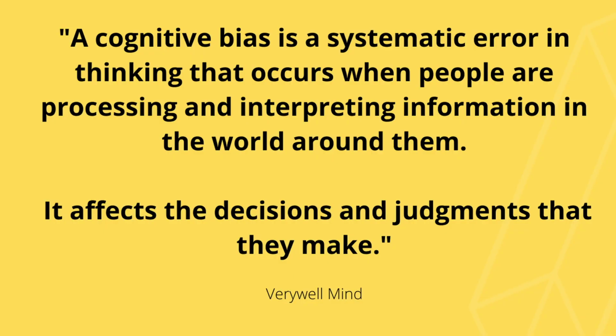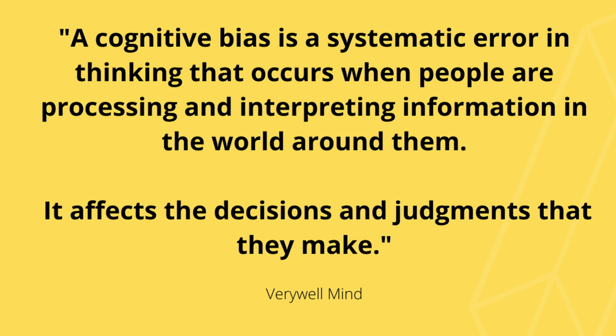First, let's ask ourselves, what is a cognitive bias? A cognitive bias is a systematic error in thinking that occurs when people are processing and interpreting information in the world around them. It affects the decisions and judgments that they make. While the human brain is powerful, it is subject to limitations.